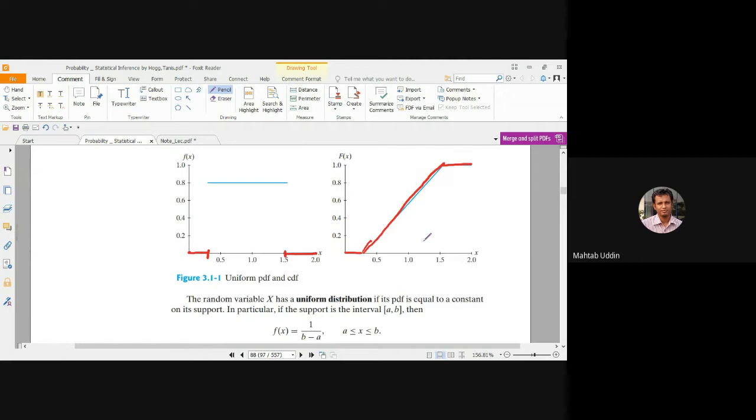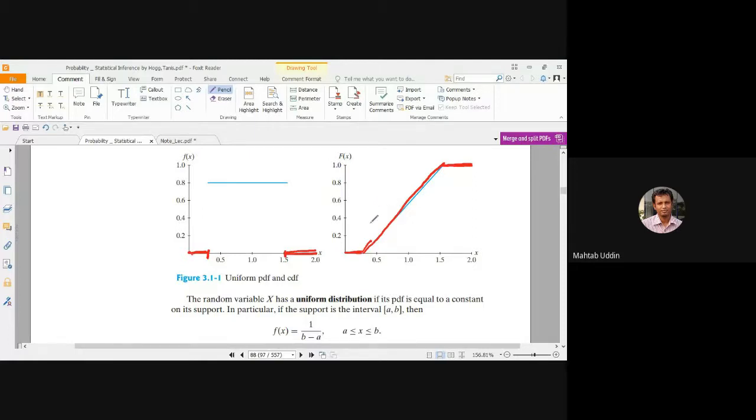So in case of the PDF, within a given set, the probability will be non-zero, and outside of the set or interval, the probability is 0. But in case of the CDF, before entering the set, this is 0. After completing the set or interval, it is 1, and in between, we have to see the power of x. If the power is 1, then it will be linear.